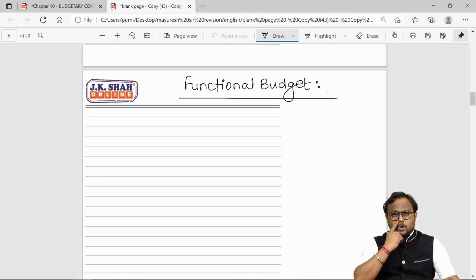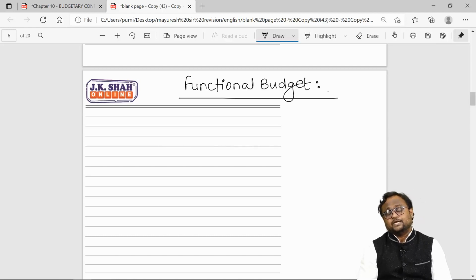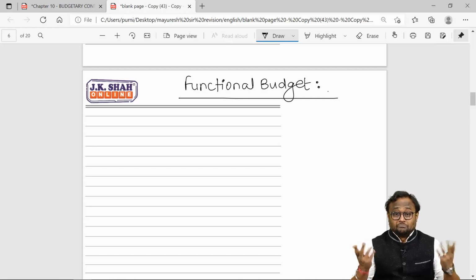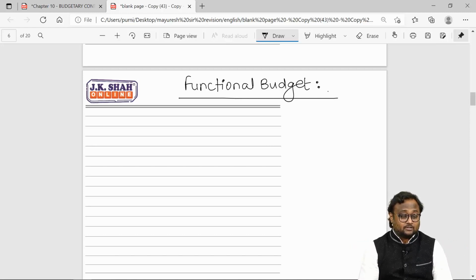Now, if I ask you how much raw material I am supposed to buy, how much raw material I should buy if I want to manufacture shirts, tell me how many meters of cloth should I purchase? For that we need some information, and I think that is how much you want to consume.